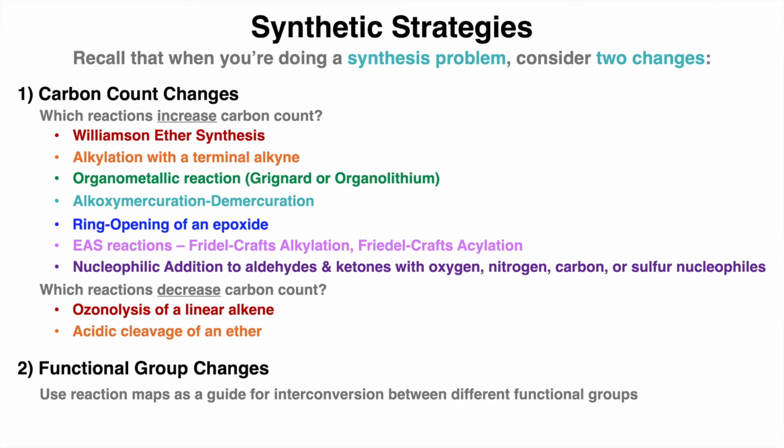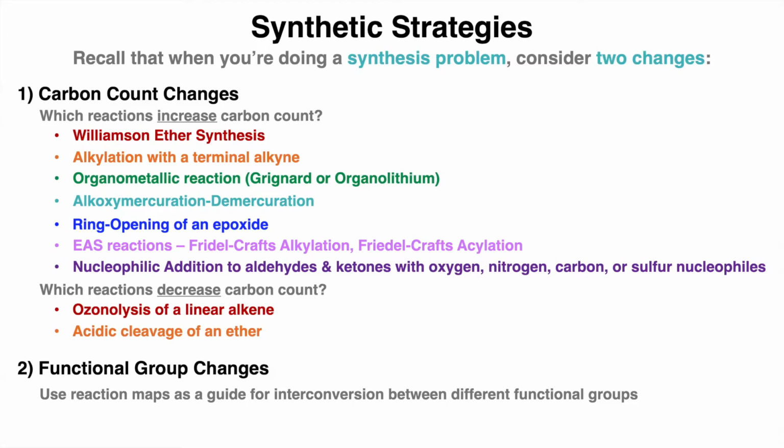So when you're doing a synthesis problem, you want to consider two particular changes when comparing the reactant to the product. First, take note of any carbon count changes, and then think about what particular reactions may have caused such a change.